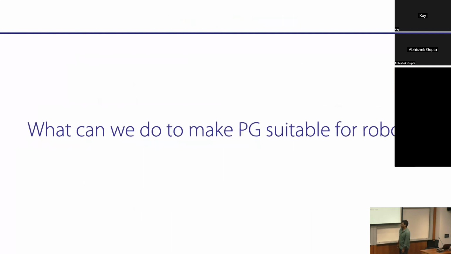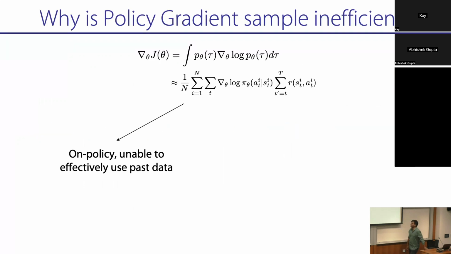All right. So the first question we want to ask is, what can we do to make policy gradient more suitable for robotics? If you look at the policy gradient estimator, the challenge here is that it's on-policy. You can only use your most recent batch of data, which makes it super data inefficient. And it's still high variance.